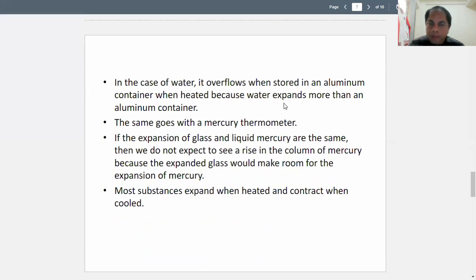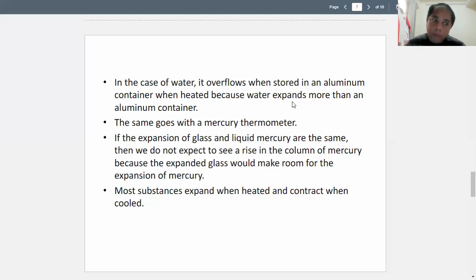So again, for expansion, when we cool down, the exception there is water, and we call water an anomalous substance because it has a different ability: when it is cooled lower than 4 degrees Celsius, it tends to expand already.